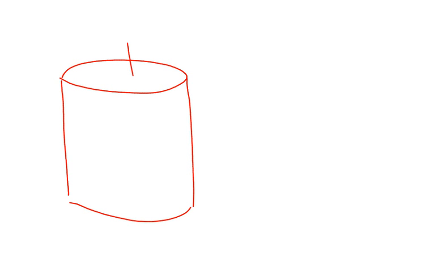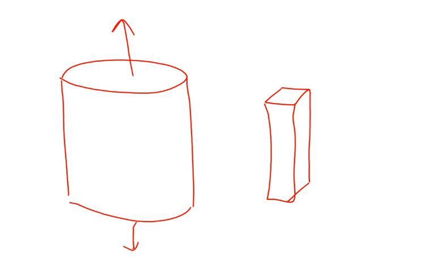I've got a large column that's made out of steel, let's say, and then I've got a small column, and not only is it smaller, right, it's also a different shape.